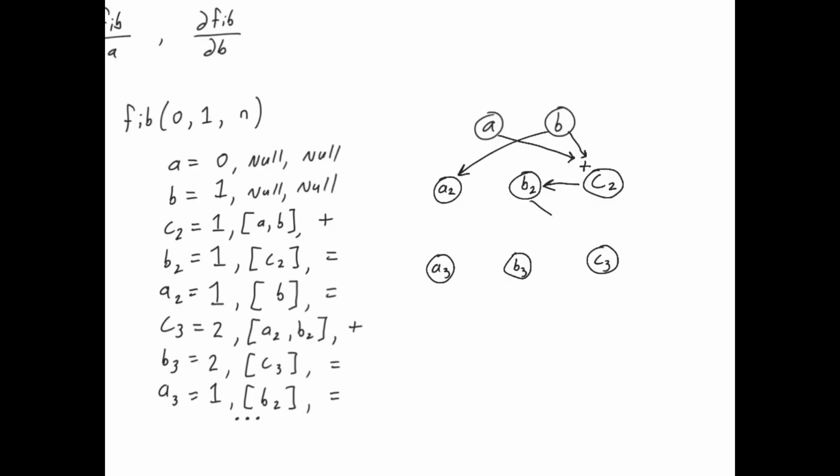And once we have added all of these parent edges to the graph, we have what is essentially a complete computational graph for this function. Along the way, we stored the value of each of the intermediate variables, and so when we get to the end, we know the output of the function.